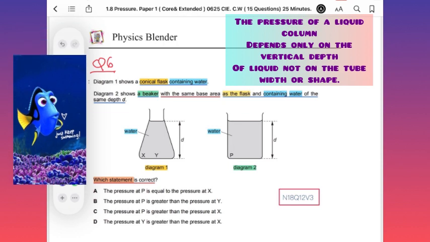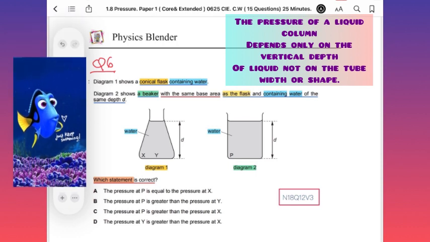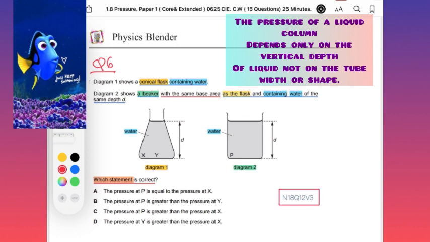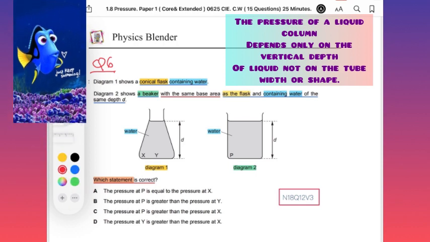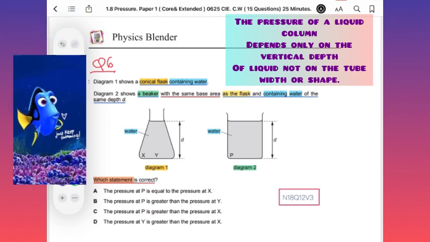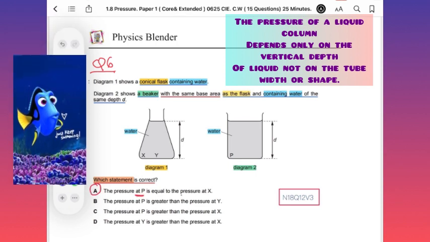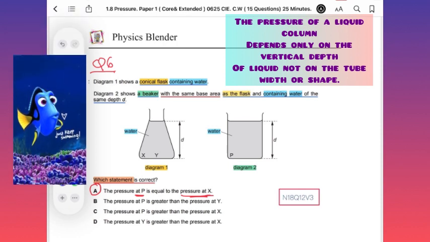Again, guys, the pressure of liquid depends only on the vertical depth of liquid. It doesn't depend on the shape of the container or the width of the tube or the container. Okay? So the correct answer here is A. The pressure at P is equal to pressure at X. Since we have same liquid, we have same depth.